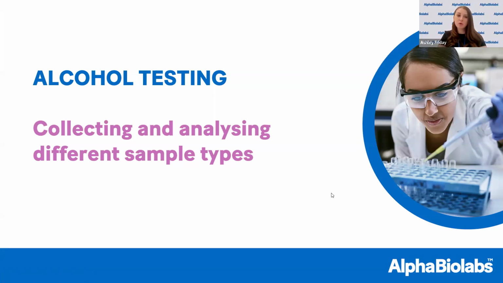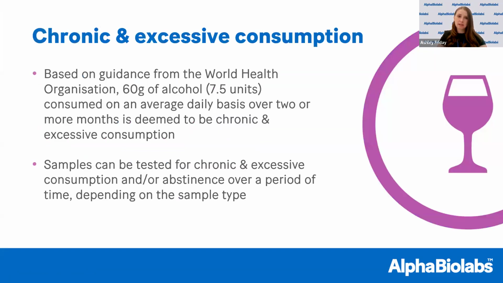Okay, so we spoke about drug testing just a couple of minutes ago, and now the rest of this presentation will refer to the alcohol side of things and what your options are for alcohol testing. So they do differ slightly to drug testing. So for alcohol, we're looking at chronic and excessive consumption of alcohol.